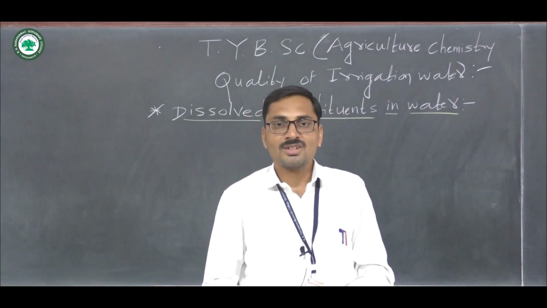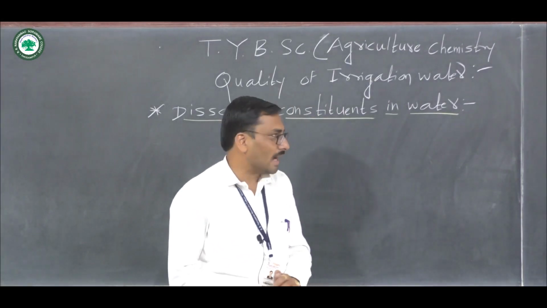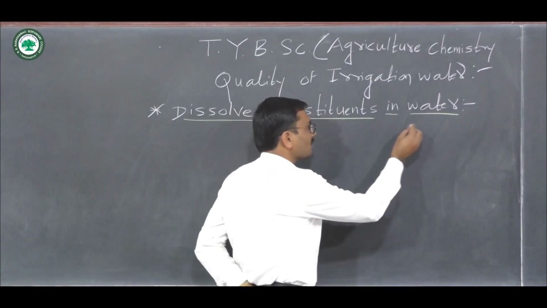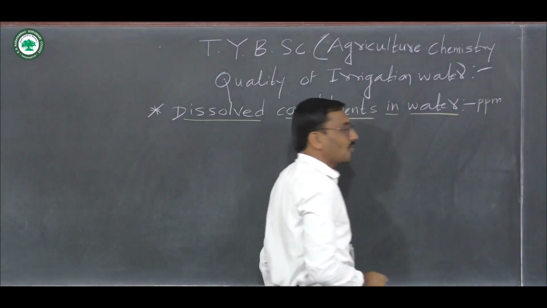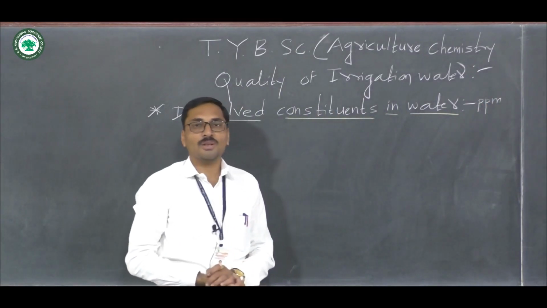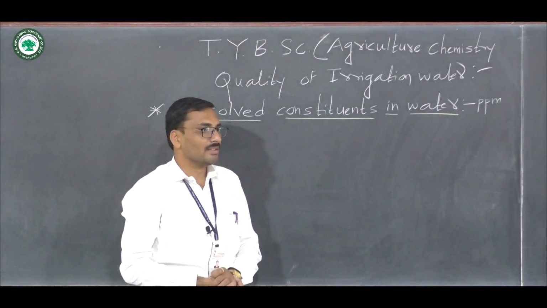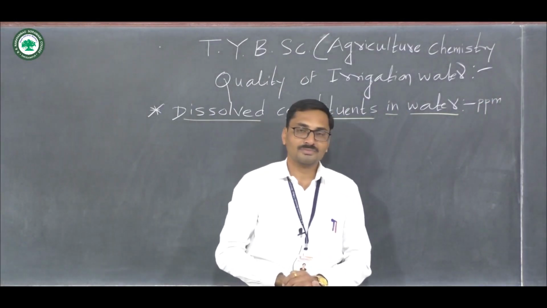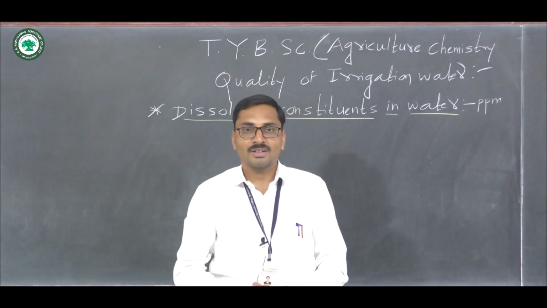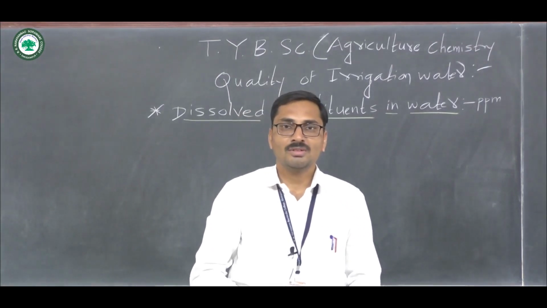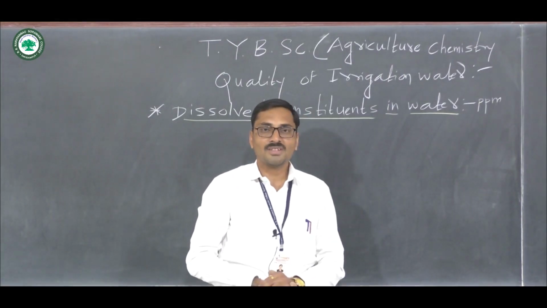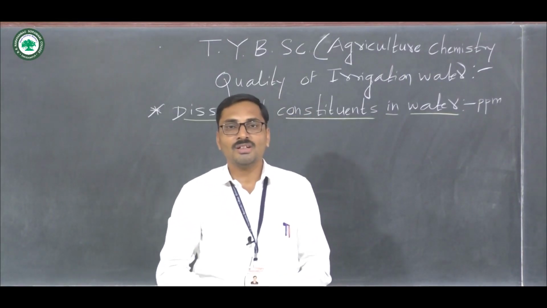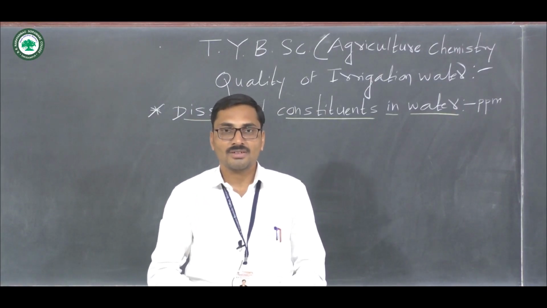The concentration of these dissolved impurities is expressed in parts per million, that is ppm. Basically, there are two classes of dissolved impurities. First is major constituent and second is minor constituent.